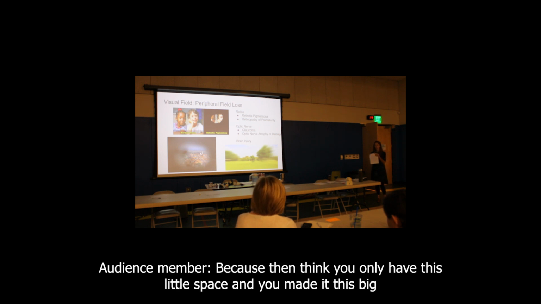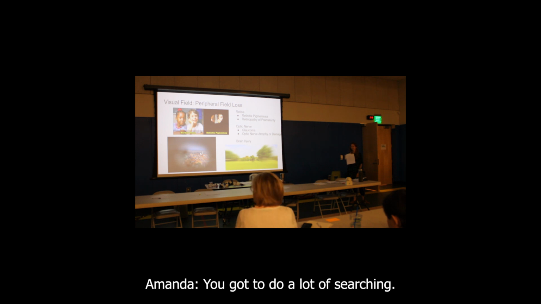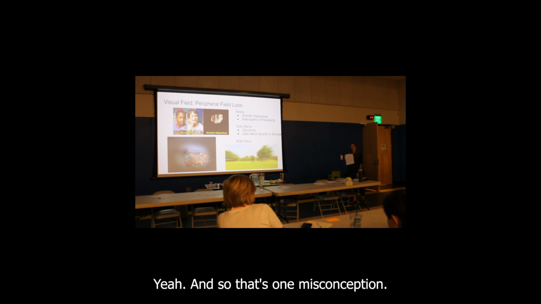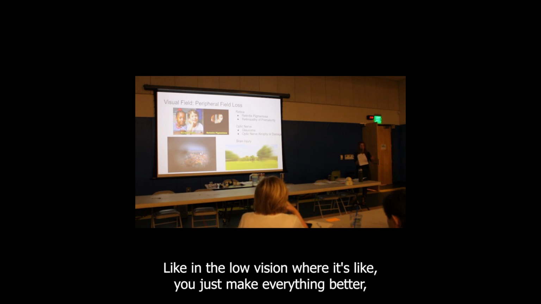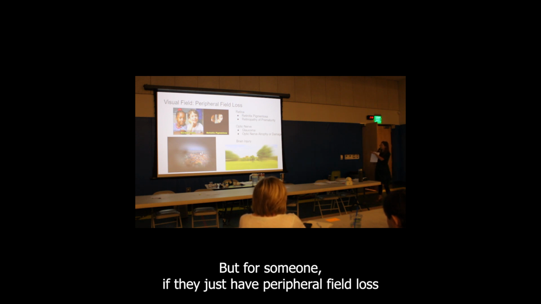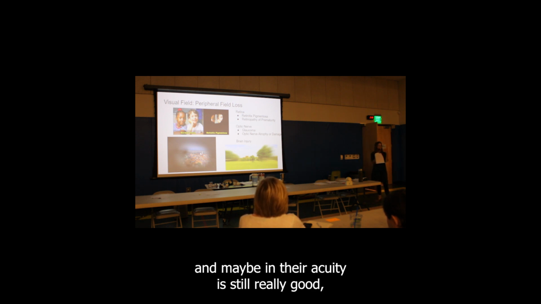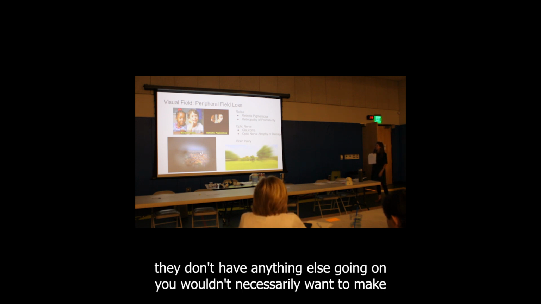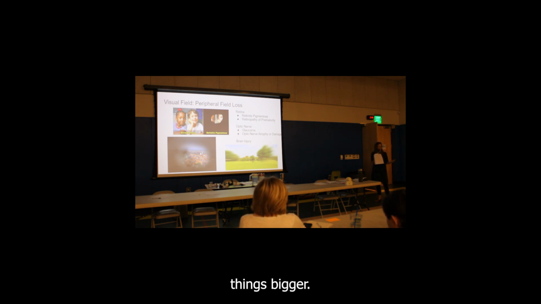Because if you only have this little space and you made it this big, now you've got to do a lot of searching. And so that's one misconception in the low vision field. It's like, well, you just make everything bigger, then they'll be able to see it. But if someone just has peripheral field loss and their acuity is still really good, they don't have anything else going on, you wouldn't necessarily want to make things bigger.